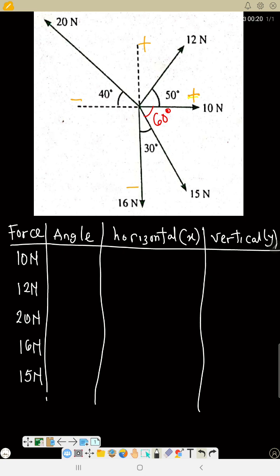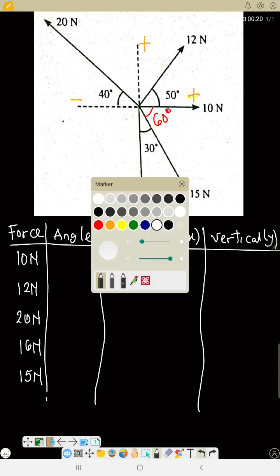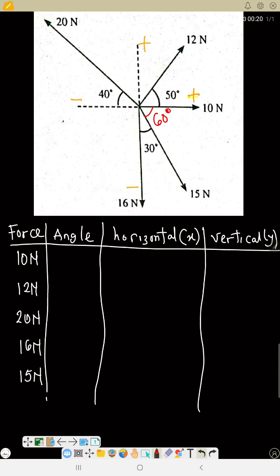Now what is the angle for each force here? Remember, I said any force that falls on this horizontal line, the angle is 0 degrees, and anyone that falls on this vertical line, the angle is 90 degrees. It is all these other ones that will have the horizontal angles.